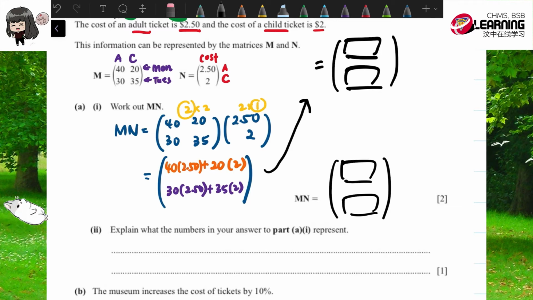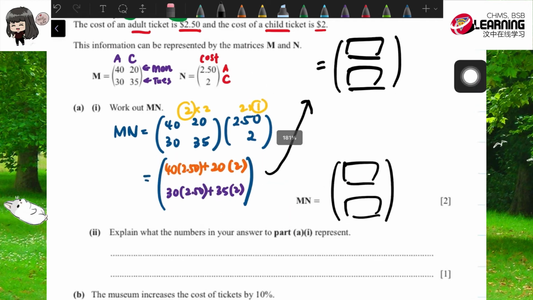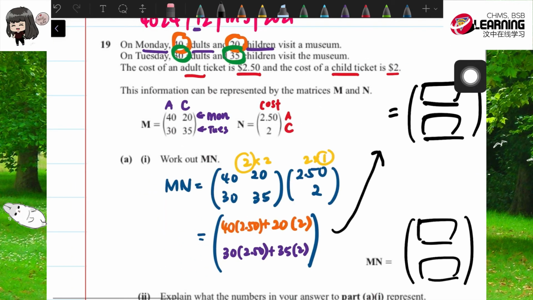Part 2: explain what the numbers in your answer to part A1 represent. So in part A1, you will have two answers like this. When you multiply M and N, what are you actually finding? Let's look at this again. When you multiply this, it means Monday's adults and children multiply with the cost of the adult and child ticket.